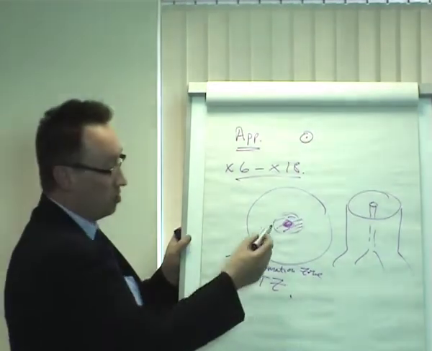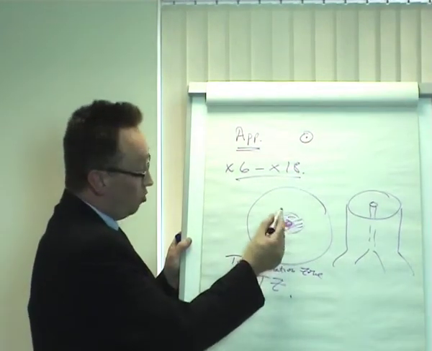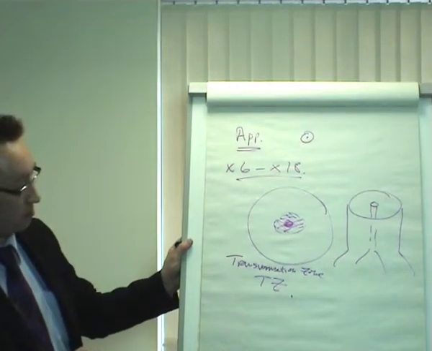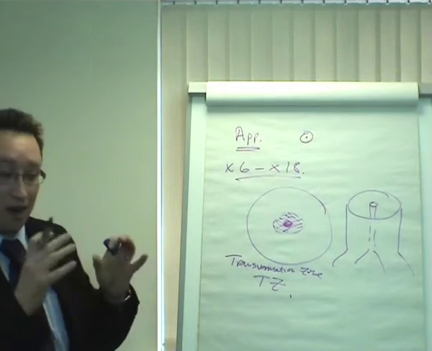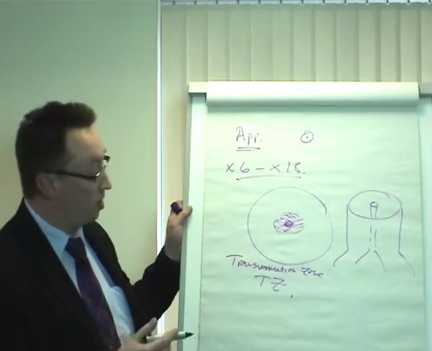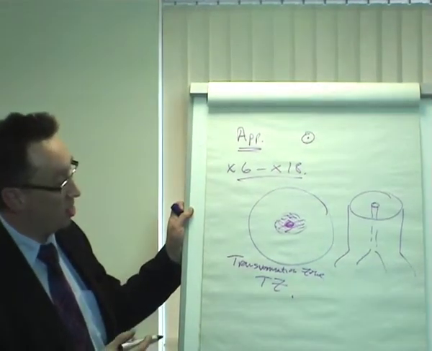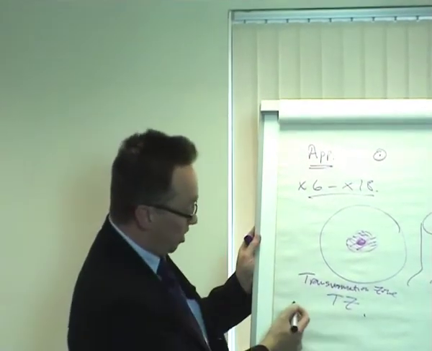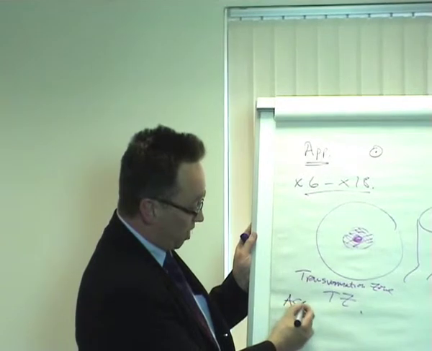The abnormal cells will, well, not always, but usually occur in this area. So we get a ×6 view, and we then put some dye on the cervix, and the dye is actually acetic acid.